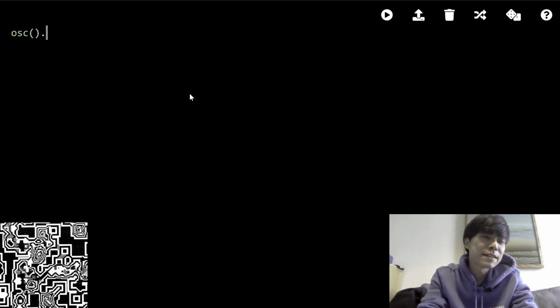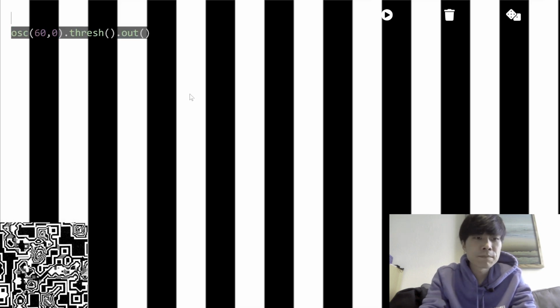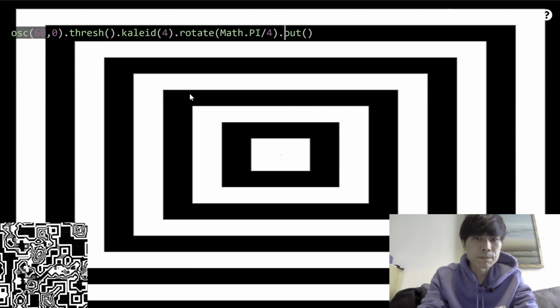Because there are lines, again, I'll try osc, surprise, threshold it, and out. So this is my starting point, and then I think I did this before. Calculate, rotate, Math.PI divided by 4 to make this pattern.